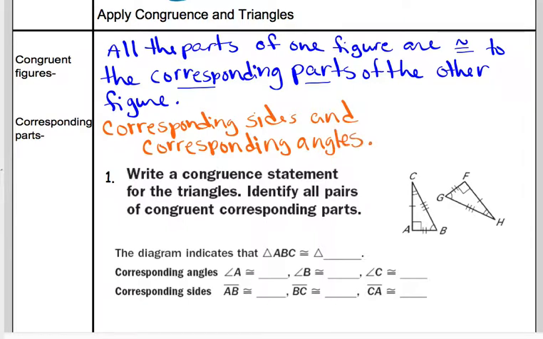In this particular section, if we were to do a proof, we need to prove all of the corresponding parts of one figure are congruent to all of its corresponding parts in another figure, which can take a long time because even if you just have triangles, they have 3 sets of angles and 3 sets of sides, which would mean that your proof would have to have 6 statements in it, 3 for the sides and 3 for the angles, which is a lot of statements for a proof.